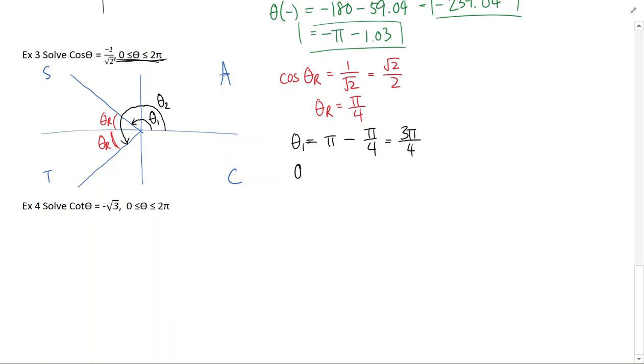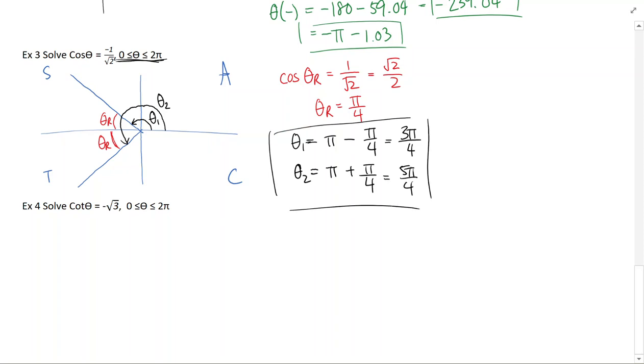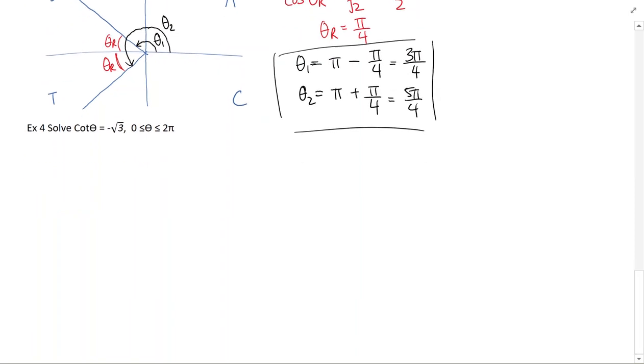Whereas for our second angle, we know it's pi, and we have to add on top of that pi over 4, which is 5 pi over 4. Okay. So please be mindful: if the restriction given to you here is in radians, answer in radians. If I do give you degrees, answer in degrees.